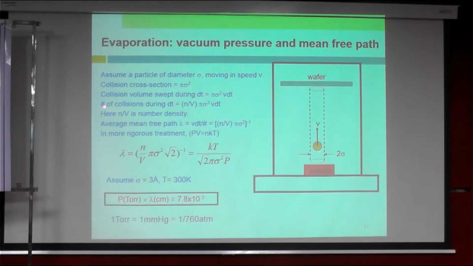So the number of collisions during the time is given by this equation, where n divided by v is the number density. With this equation, we get a density that is not that high when compared with the speed if you use a sputtering machine. Assume sigma as 3 Angstrom, T is 300 K. With this, you can have a power of 7.8, for example.